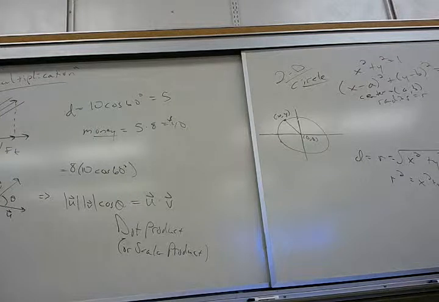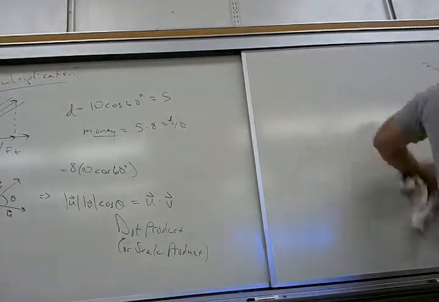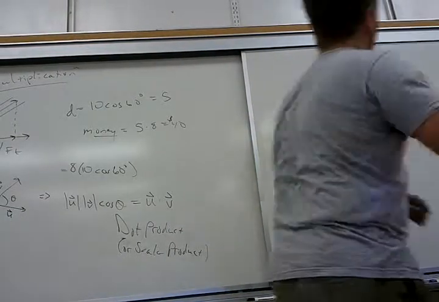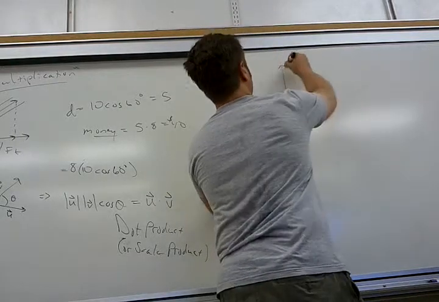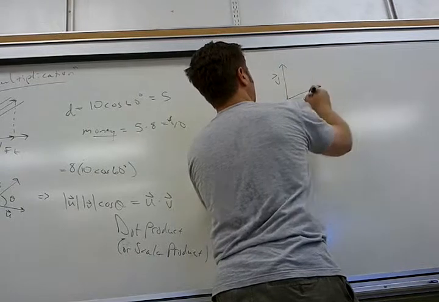You know, screw that. So there's got to be a better way to define this dot product that doesn't depend on the angle. To do this, I'm going to need some help from you guys, because I'm talking way too much now. So look at this here. Let me draw this picture.